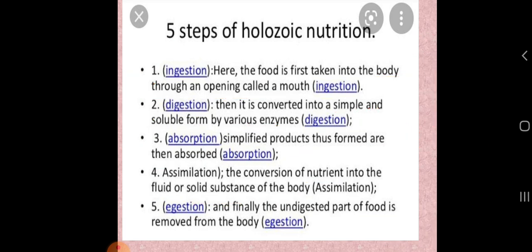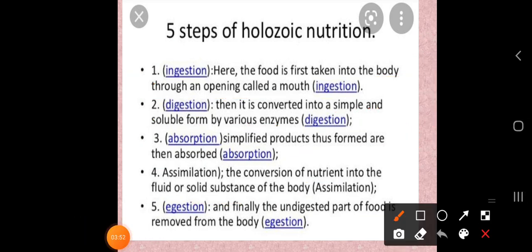What happens in the egestion part? Finally, the undigested part is removed from the body. As you know, we go early in the morning to freshen ourselves and we use toilets. Why do we need to use toilets? Because we want to remove toxic effects from our body.